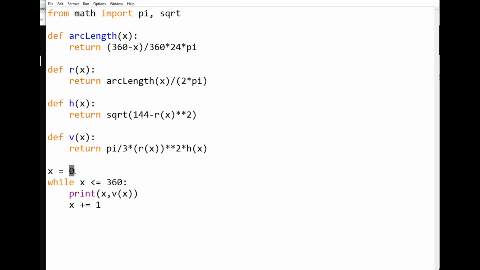Let's make x 64 degrees, and while x is less than 67 degrees, we can make it go up by hundredths or something like that. And we're going to print x, and then the volume changes by a tiny little bit, like delta x. I'll just say dx. And that's going to be 1 divided by 1,000,000.